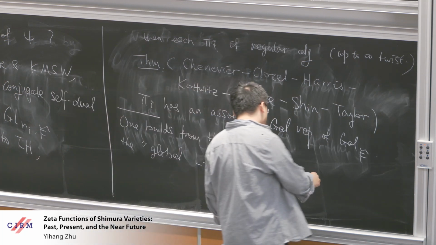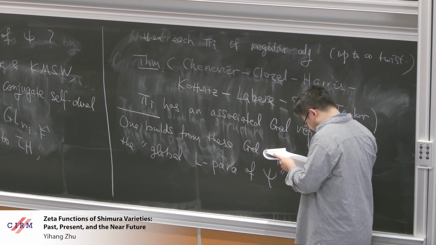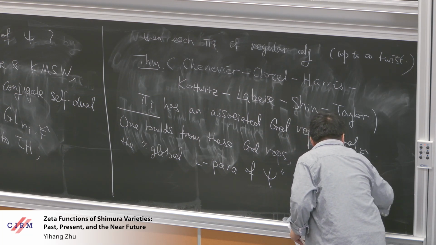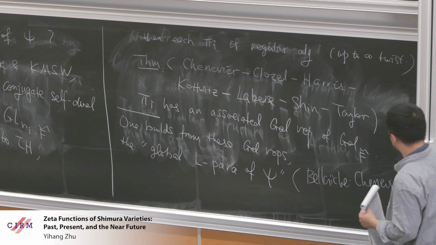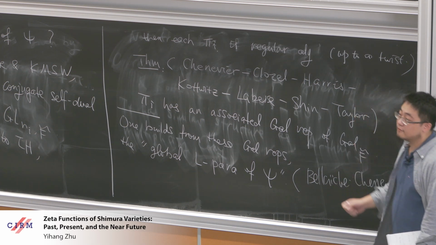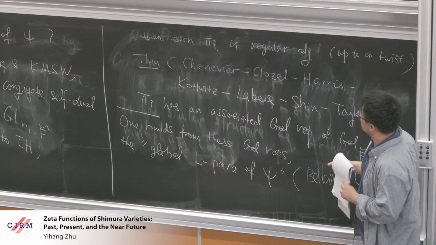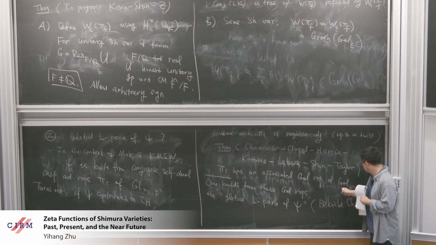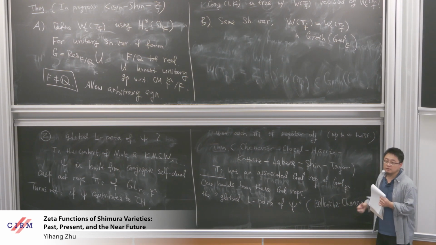So here one also needs to use a result by Bellaïche and Chenevier, which is in some sense to ensure that you can actually extend this Galois representation from F tilde to F. And then essentially by Shapiro, because G is the restriction from F to Q of the unitary group, if you have a Galois representation of the Galois group of F valued in the L group of the unitary group, then you get a Galois representation of the Galois group of Q valued in the L group of G. Okay.